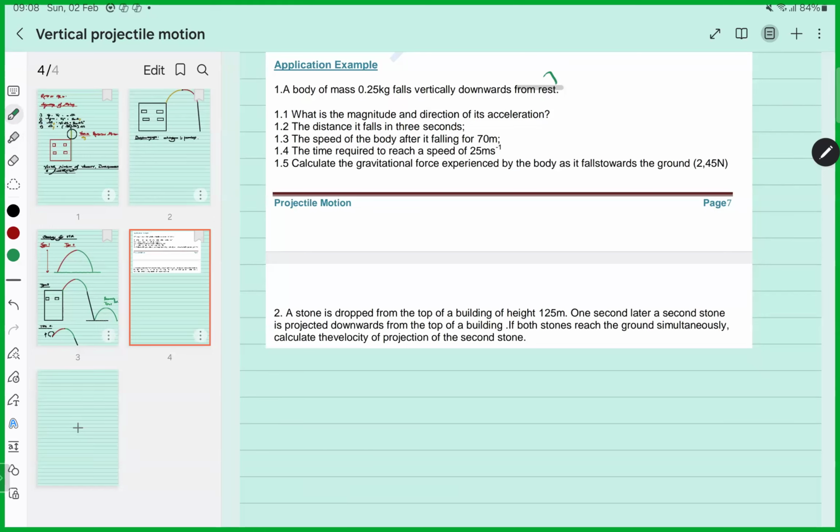Right, that means that the initial velocity is 0. Now, I had another learner yesterday and I noticed something. Another way of stating from rest is to state that the object is dropped. So if they tell us that the object is dropped, it means that the initial velocity is going to be 0.